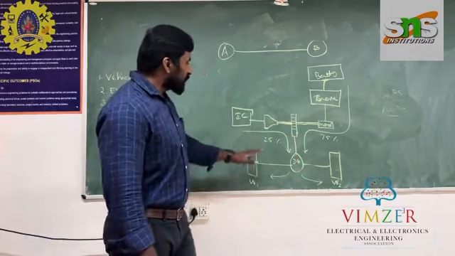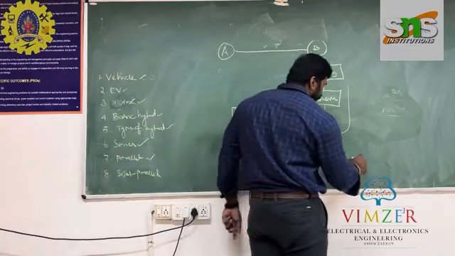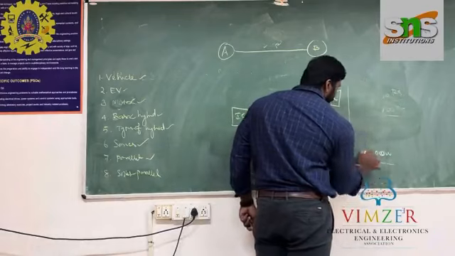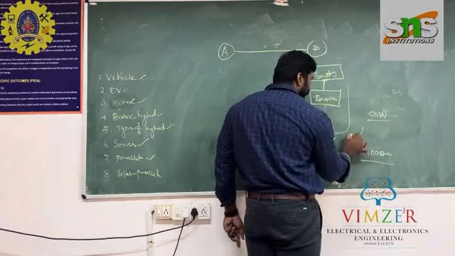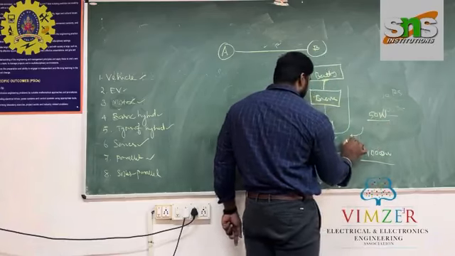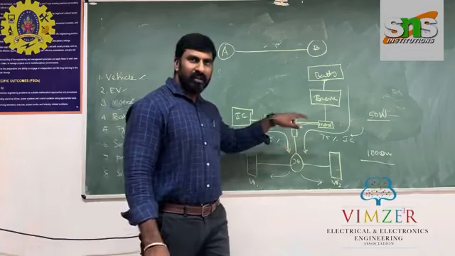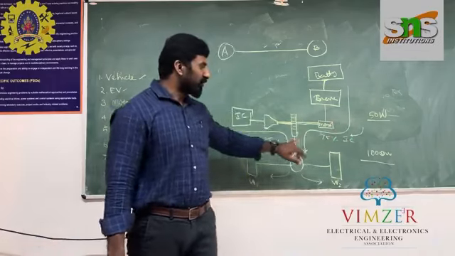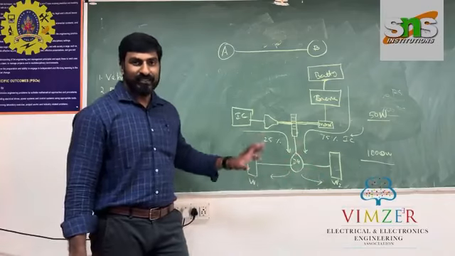Just assume the vehicle needs 100 watts of power, but the battery has 50 watts. The remaining 50 watts is taken from the IC engine, right? Because this vehicle is not loaded to 100 watts at all times; it is loaded to 100 watts only at a certain period or under certain conditions.